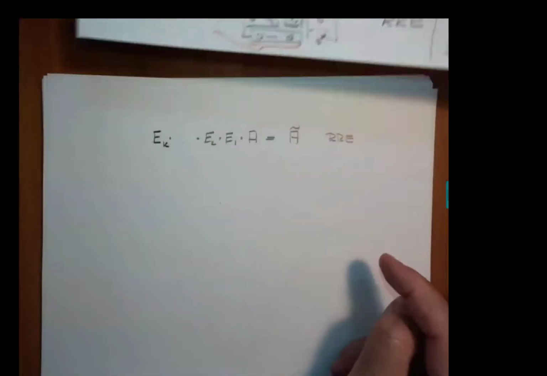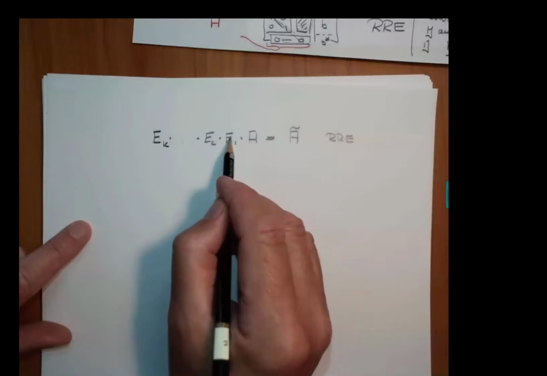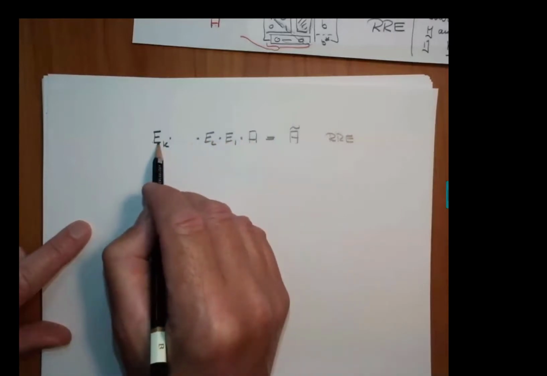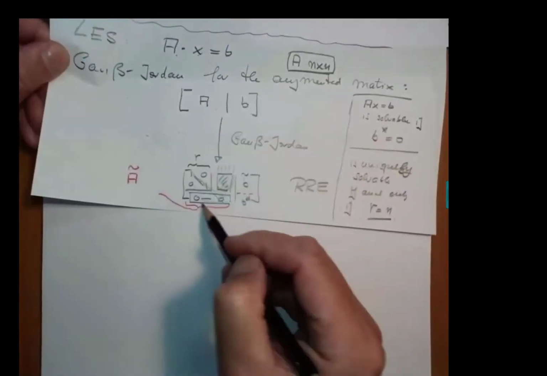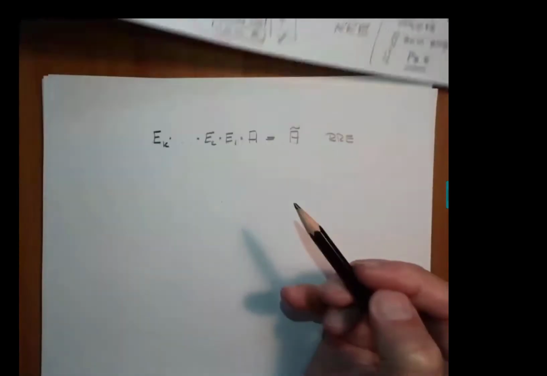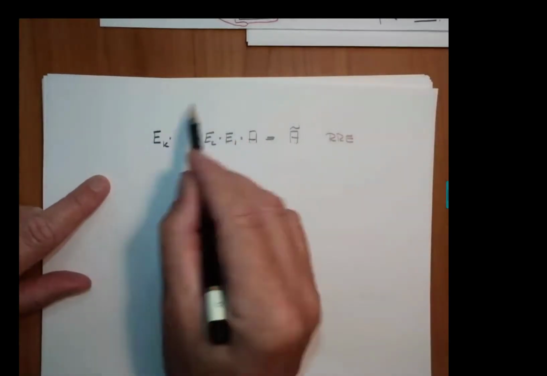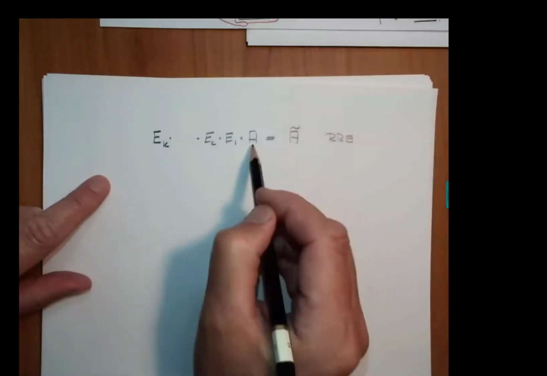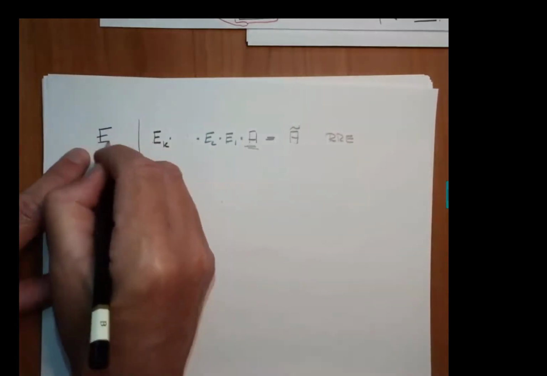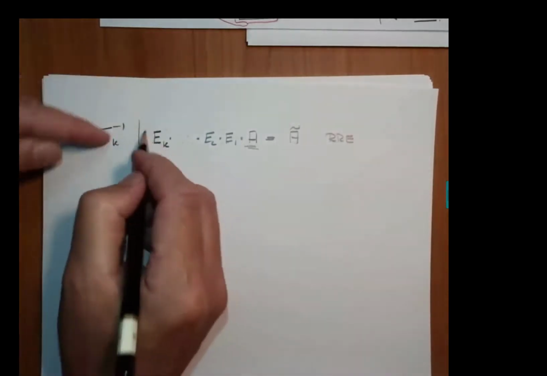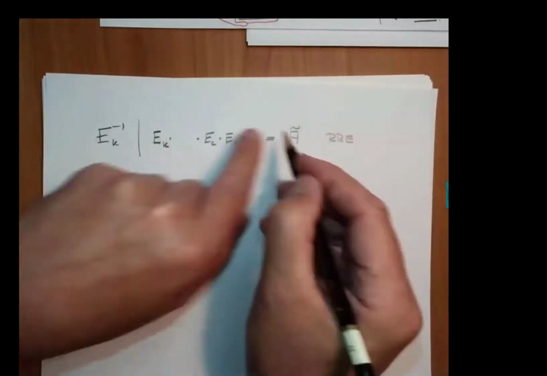So now we go back to here. Our Gauss algorithm multiplies A very often with elementary operations to get A tilde, and A tilde has this shape. Now we can also move all the E's to the other side and isolate A. For example, I can multiply by E_K inverse from the left, then E_K inverse times E_K is identity, so it disappears here and appears there.